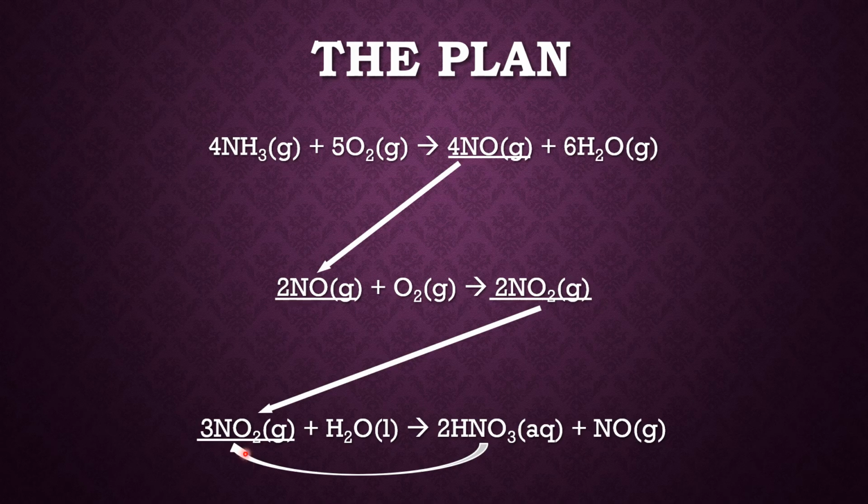Now that nitrogen dioxide comes from this second reaction. So from that amount of nitrogen dioxide, we can figure out how much nitrogen monoxide is needed to make that. Now that nitrogen monoxide comes from this first reaction, and from the amount of nitrogen monoxide, we can figure out how much ammonia is needed to make that much nitrogen monoxide. So we're going to have to go backwards along these arrows.